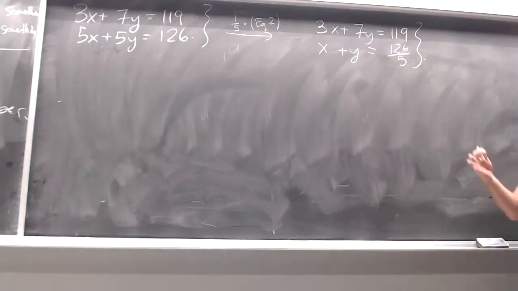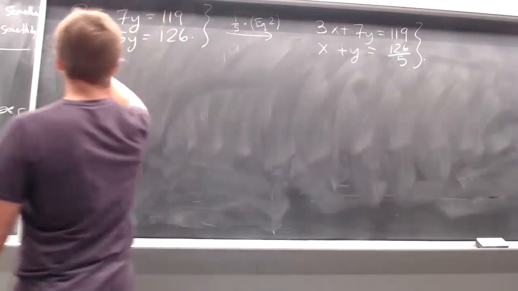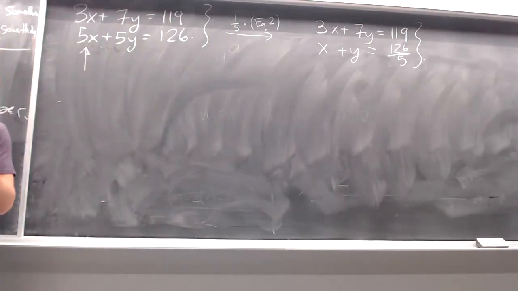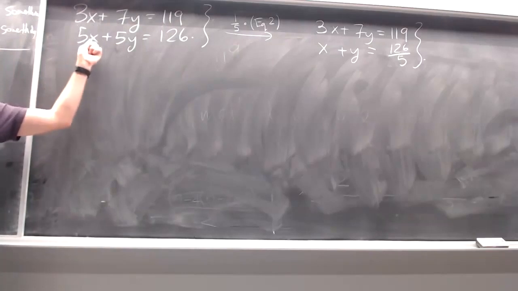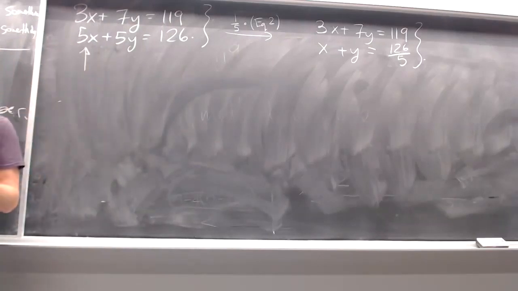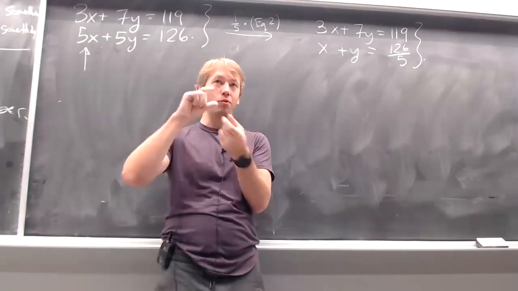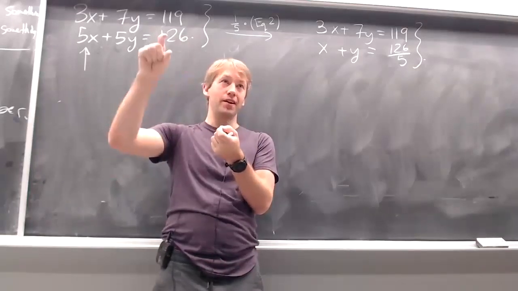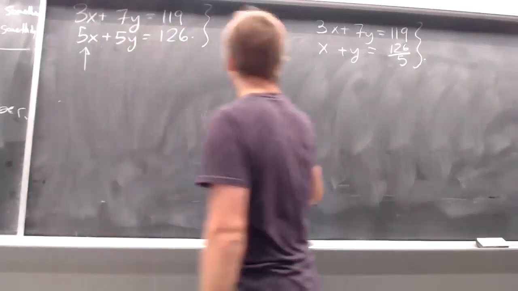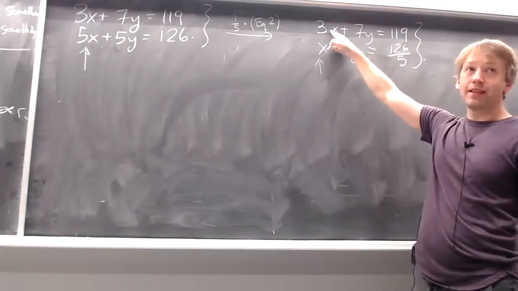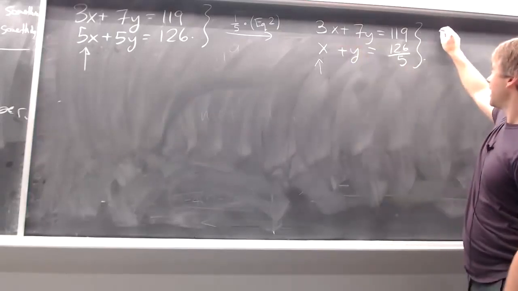Okay. So right now I should give you an idea of where I'm trying to go with this. I'm focusing on the first variable here. At the end of the day, I want the first variable to just appear in one of the equations and not the other one. So to eliminate that variable from this equation, I can take equation 1.